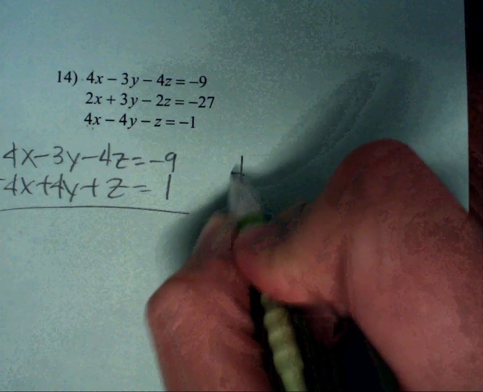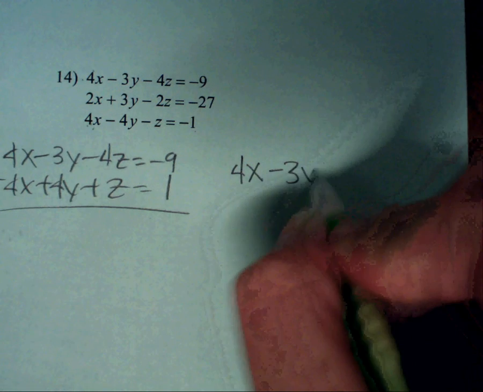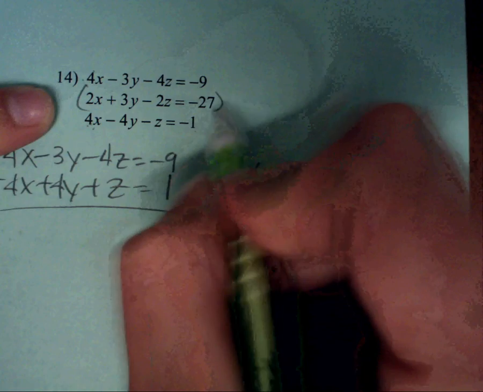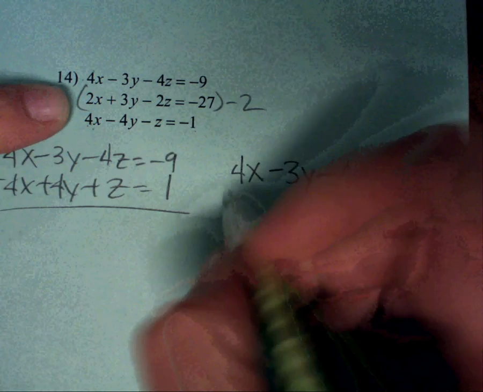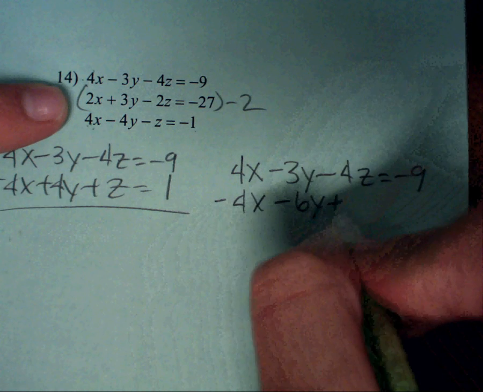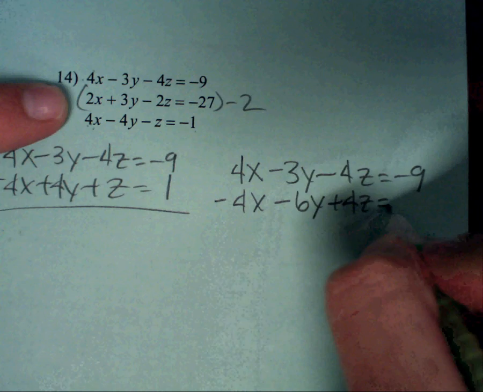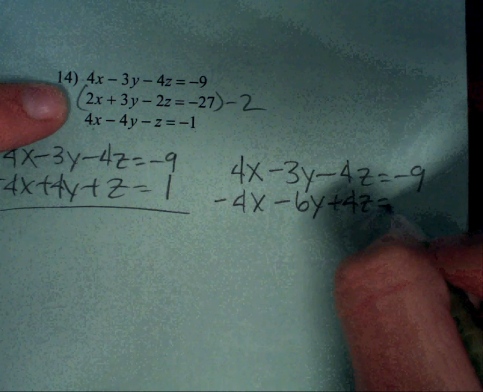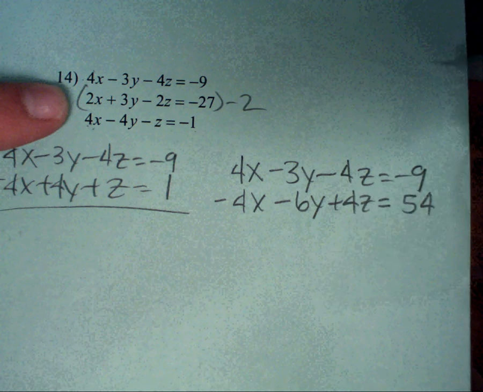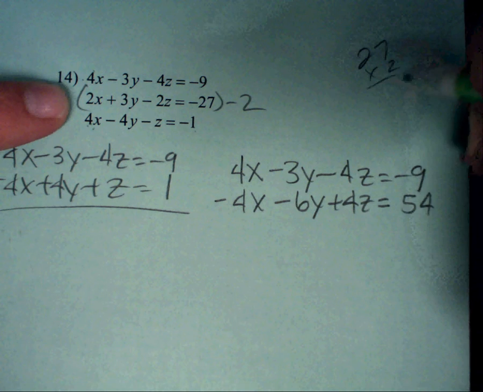So if I'm going to eliminate the x's in this pairing, this next pairing over here, I have to eliminate the x's also. So why not use the same top equation, and I'm going to multiply this second one by negative 2, because I have to use that one. So negative 4x minus 6y plus 4z equals positive 54, I think.